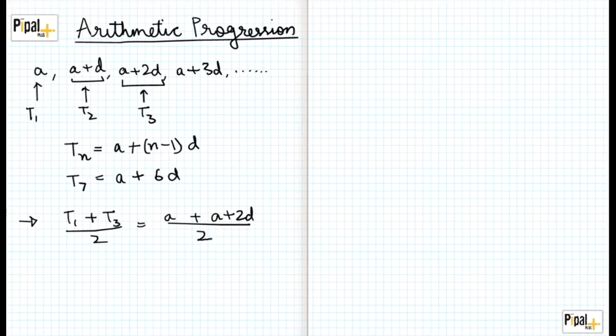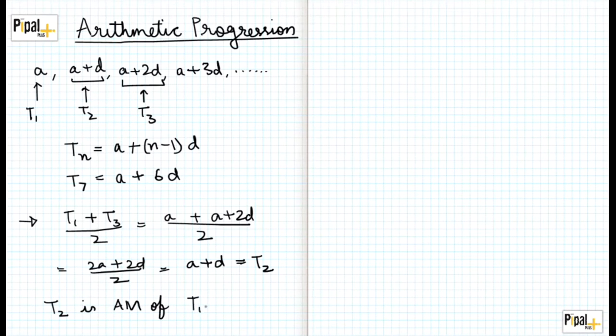When I divide this by 2, I get 2a plus 2d divided by 2, which is equal to a plus d, which is actually equal to T2. So you notice that T2 is the arithmetic mean of T1 and T3. T2 is the AM of T1 and T3, right?